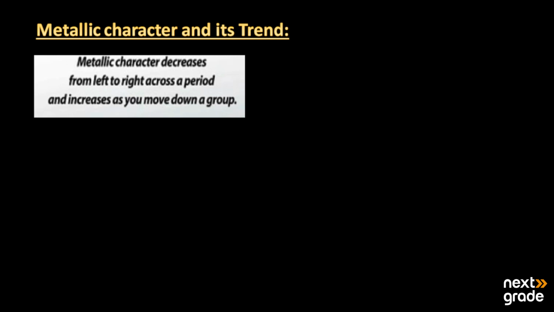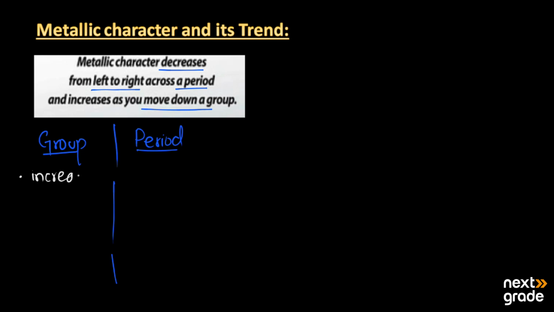Simply, metallic character decreases from left to right across a period and increases as you move down a group. When we move in a group from top to bottom in the periodic table, the metallic character increases. And when we move from left to right in a period, it decreases.